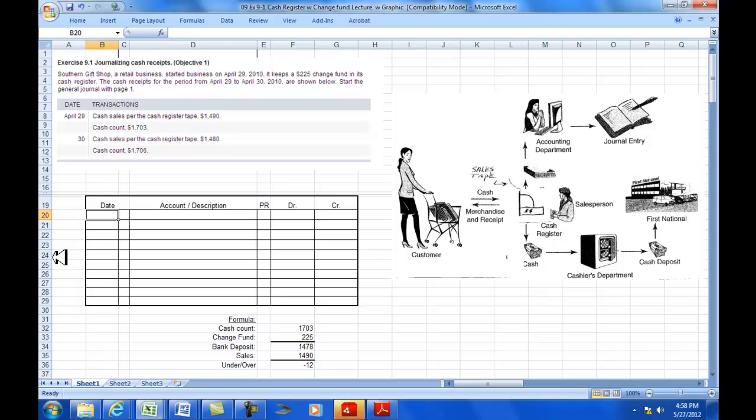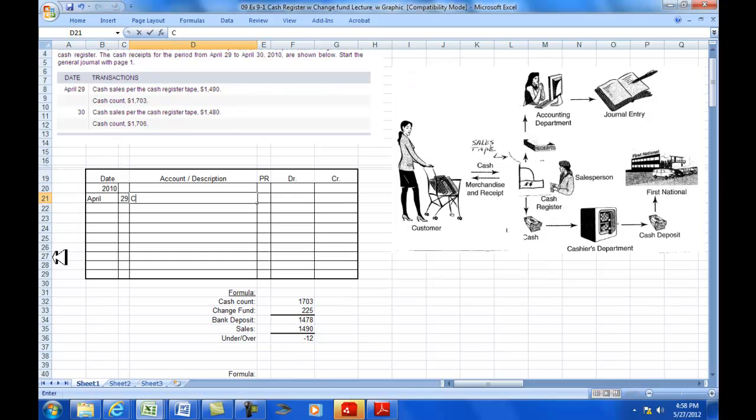So let's come over here and journalize this. This was April 29th, and we're going to our cash account. That is the bank deposit of $1478.